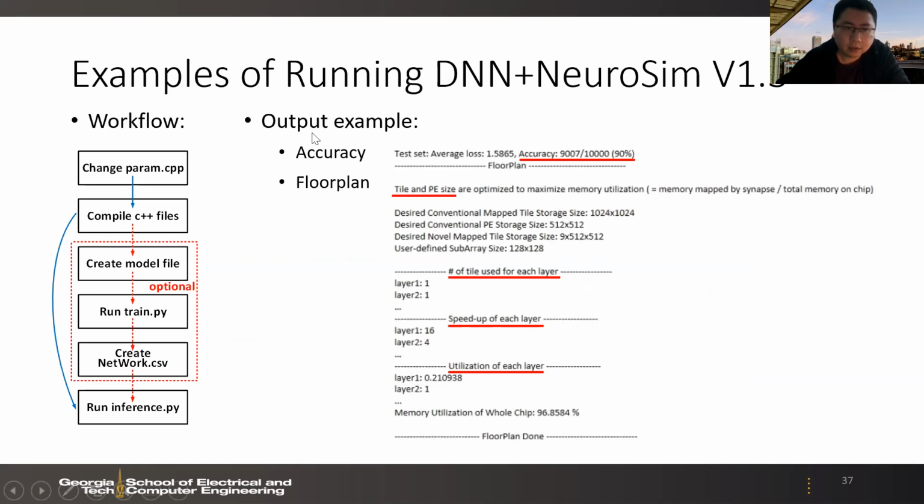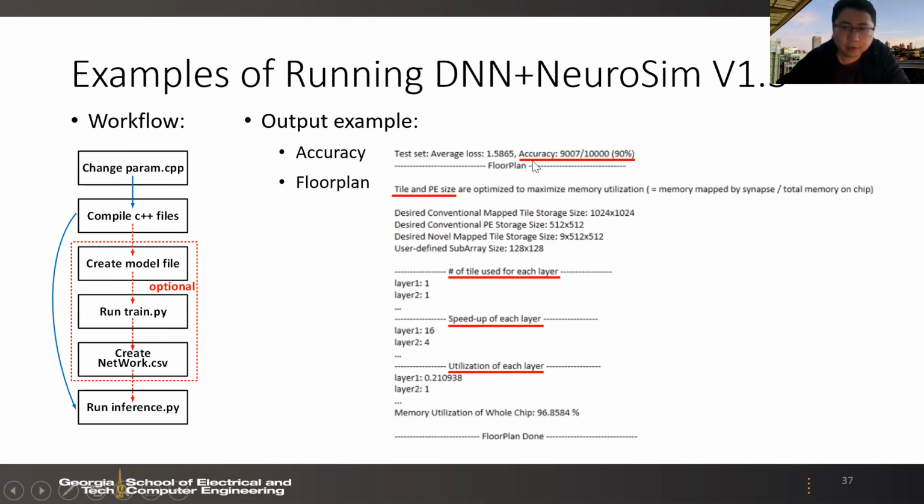And then the output, so this is the overall flow. So you define those parameters and compile your files. And then this is optional. If you want to train your own model, then you have to run the PyTorch again. And then this is an output example.